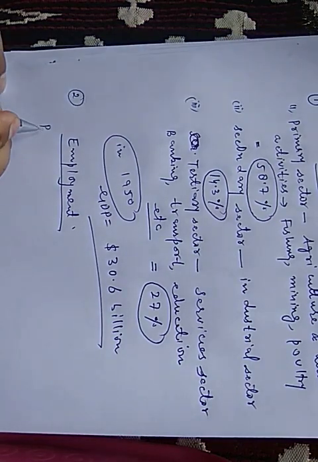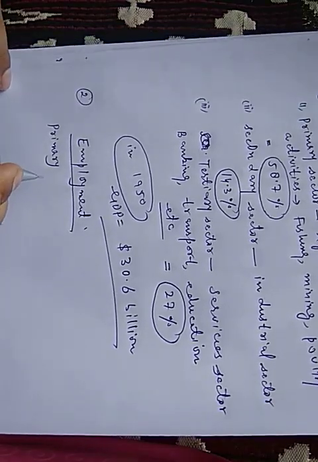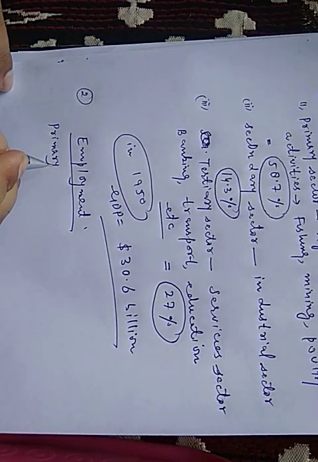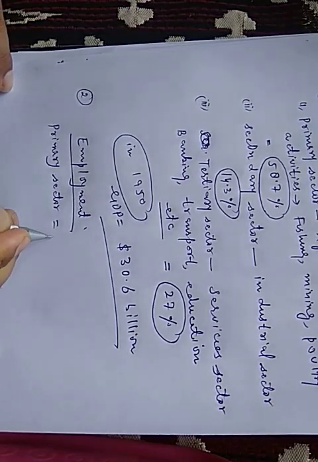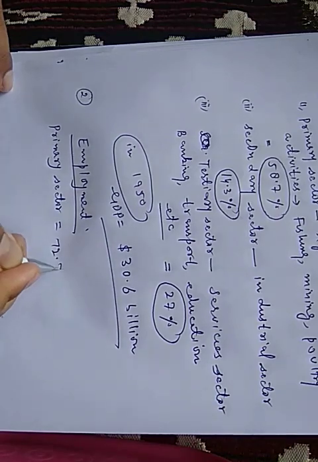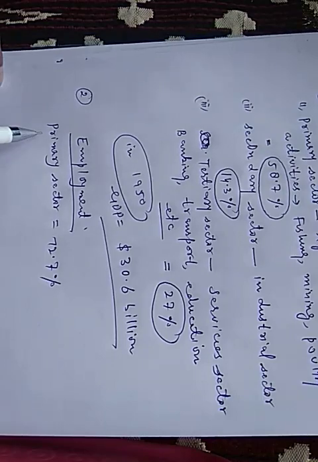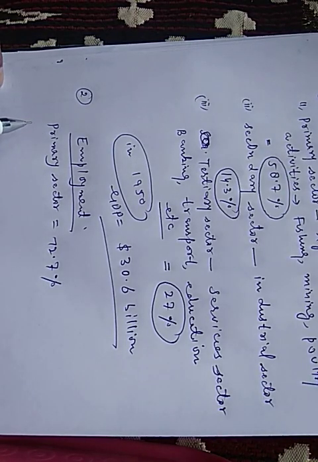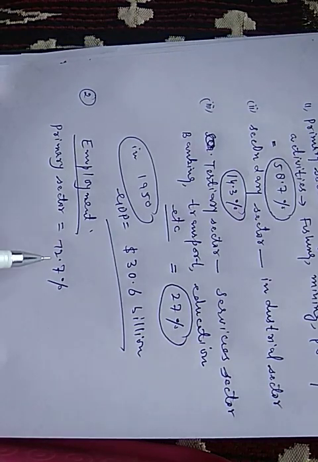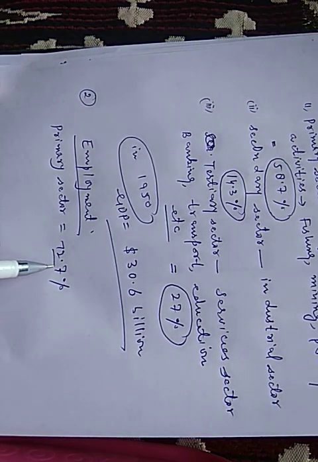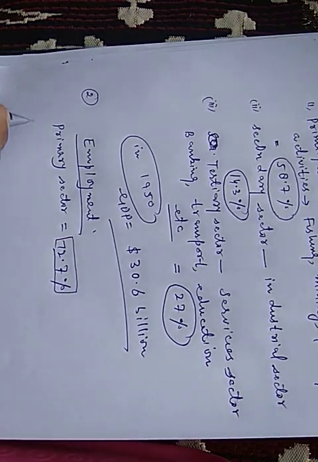The contribution of the primary sector in employment generation, in providing employment, was equal to 72.7%. The large section of the population was engaged in the primary sector. It provided employment to 72.7% of the population.